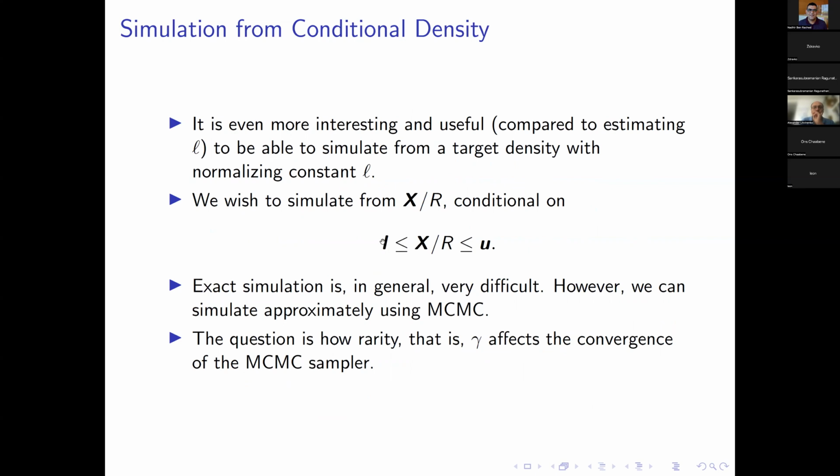So the first one is the dimensionality. As the dimensions increase, exact simulation becomes more and more difficult. And the second problem is, even if the dimension is fixed or may not be too large, we may still have problems sampling conditional on this event, because the event is a rare event.